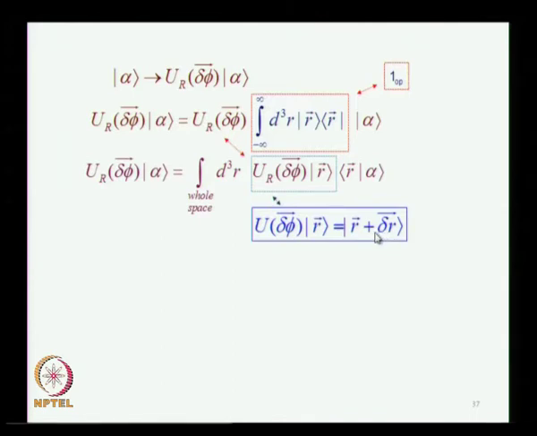So we plug it in, and now what do you have? You have integration over whole space of a vector scaled by this scalar, which is the position representation of the state vector alpha, right, and this is an integral over whole space, and the integration label is always a dummy label.